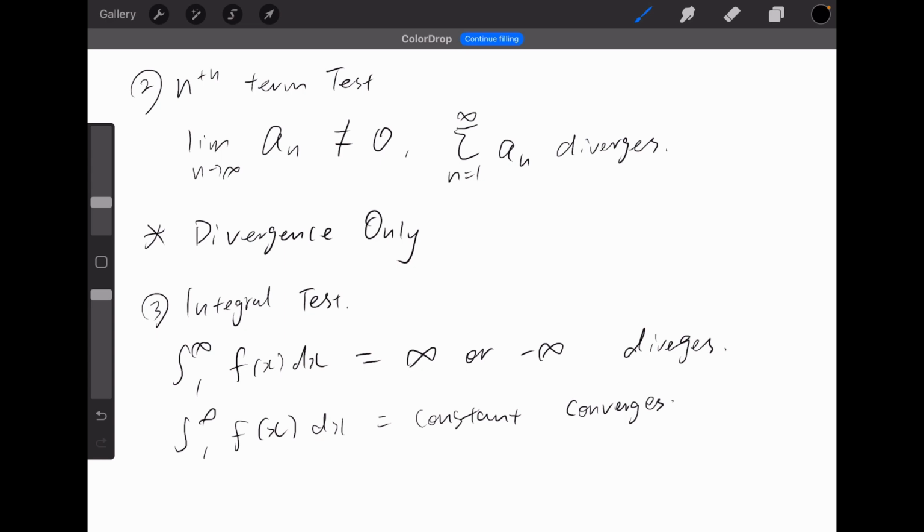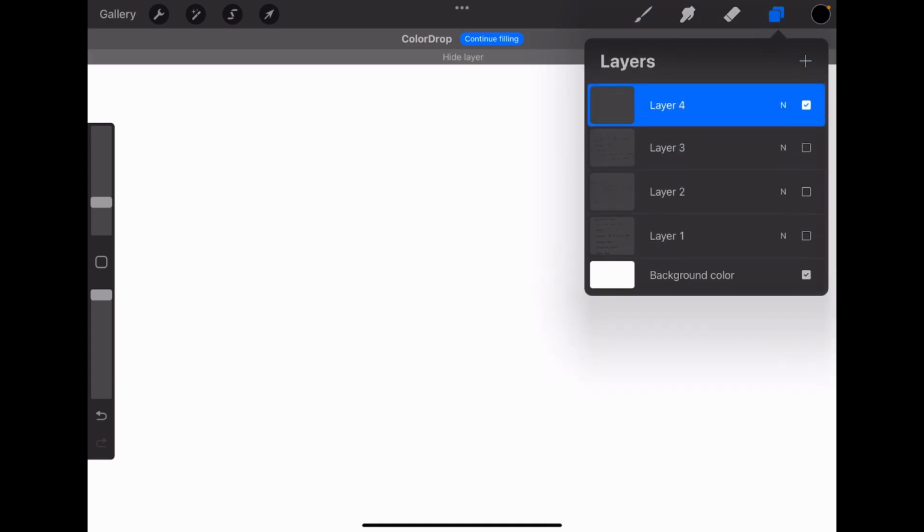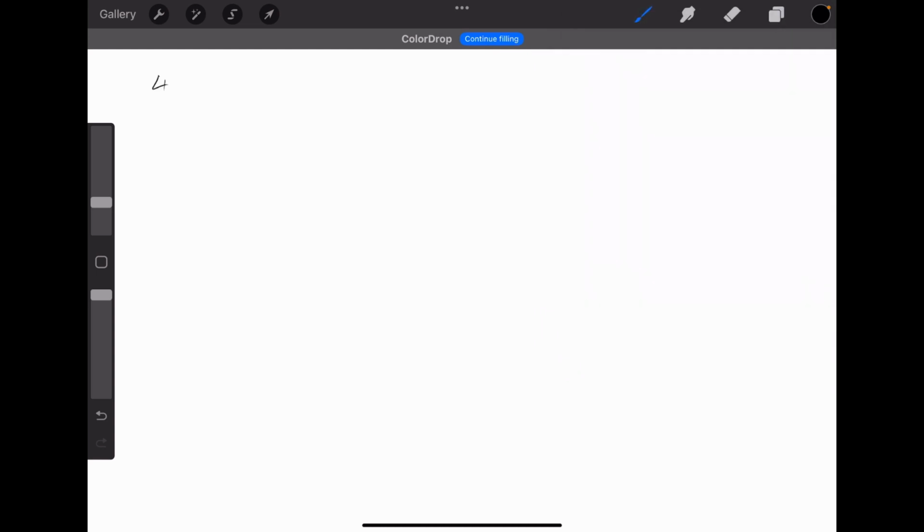Okay, and the fourth one is the p-series and harmonic series. So for this one, the series will usually look like this: the sum from n equals 1 of 1 over n to the p, something like this.